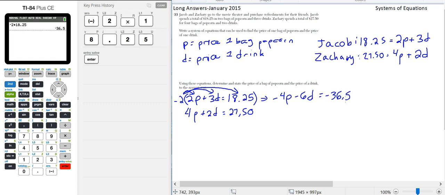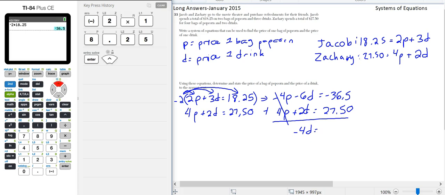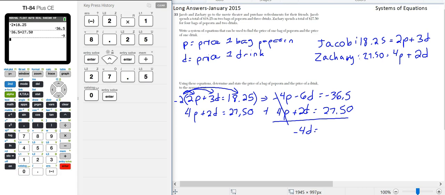Now we're going to add this rearranged equation to the second equation. 4p plus 2d is equal to 27.50. -4p plus 4p, those two cancel out. -6d plus 2d is -4d. -4d is equal to -36.5 plus 27.50, which is -9.